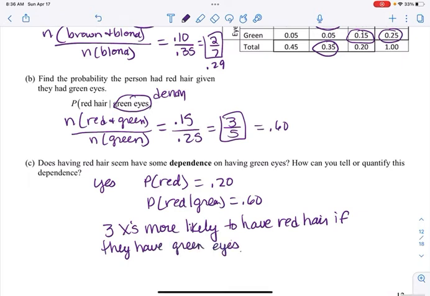Versus the overall population is just 0.20. But the probability that they have red hair, given they have green eyes, is 3 times higher. It's 0.60. All right, and that's it for that lesson.